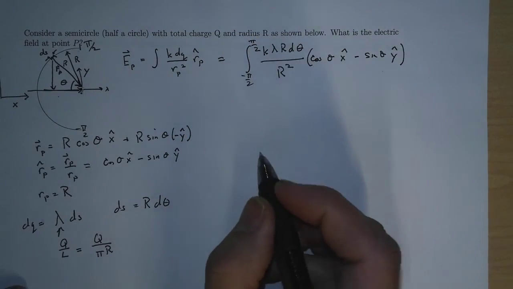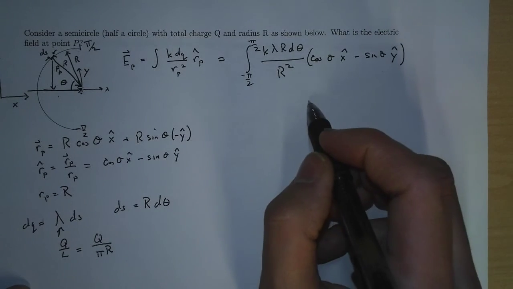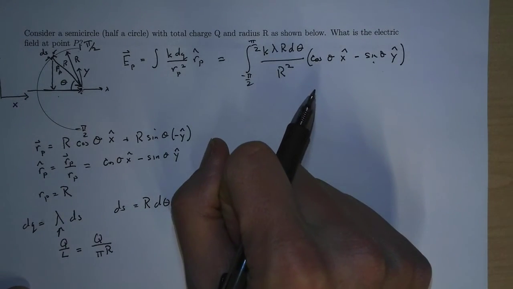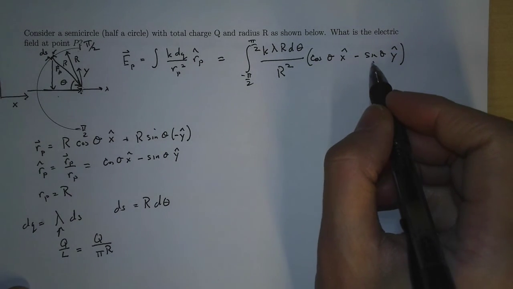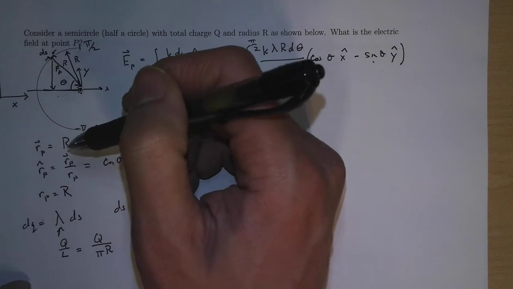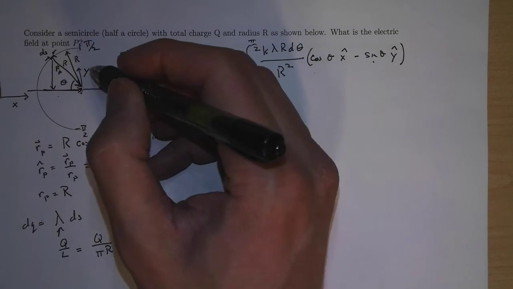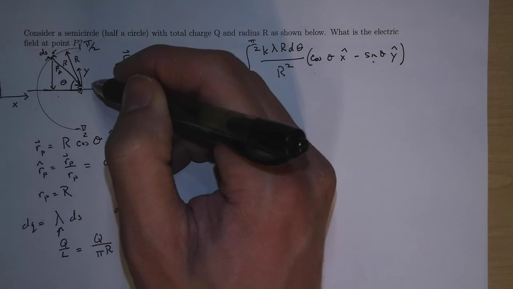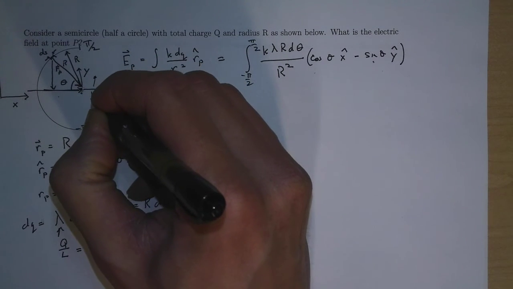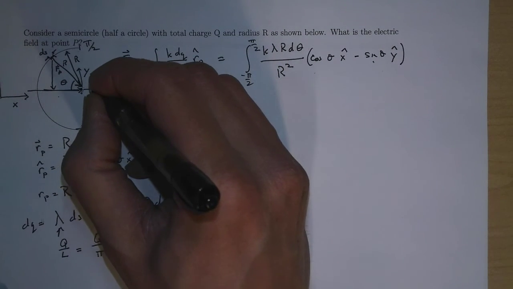And so there are two components of this. You can show that the y component is going to be equal to 0, and there are two ways of showing this. One is just do it. The second way is to note that if you flip this thing upside down, you get the same problem again. If the E field was pointing this way, now it would be pointing that way, but it's the same problem, so it has to be pointing in the same direction again.